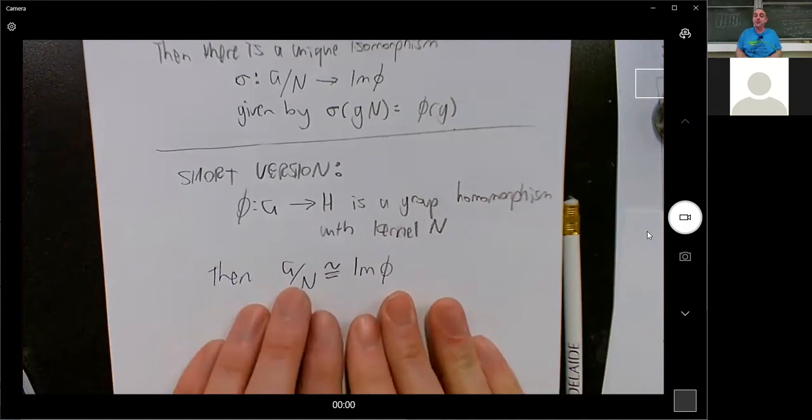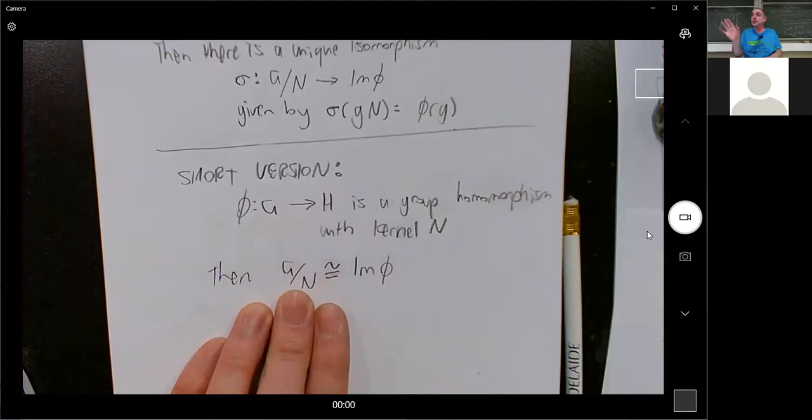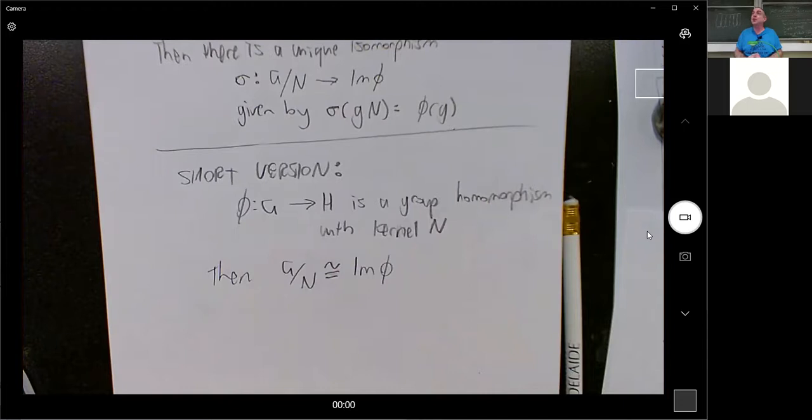The short version is that if there is a homomorphism out of G into any other group with kernel N, then G factor N is isomorphic to the image. That is the key and most important information, that there is an isomorphism between those things. The fact that it's unique is probably useful, but the fact that it exists at all is the important bit, I reckon.